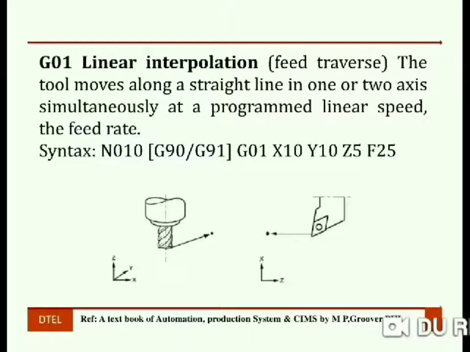The syntax is given: N010, G90 or G91, G01, X10, Y10, Z5, F25. We have used here the G01 code, the coordinates of the desired location X10, Y10, Z5, and the feed rate in mm per minute. So this is the common syntax of this particular code.